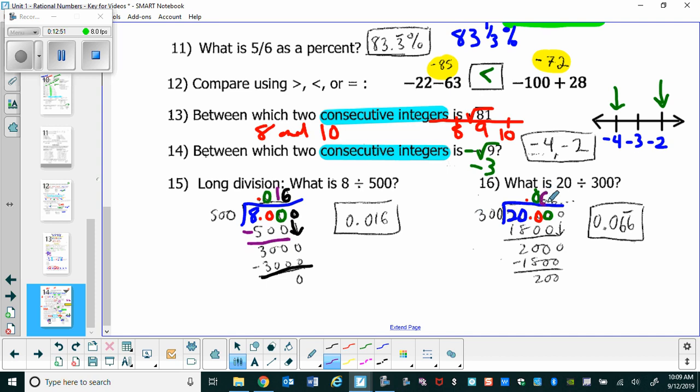And it was 6 times to get 1,800. And then I can subtract to see that I'd get 200 left over. When I bring down my 0, it's 2,000, and I can see that my 6's are going to end up repeating, because if I had to bring down another 0 right there, that's going to be another 6 for another 1,800. So the purpose of 15 and 16 was to review long division.